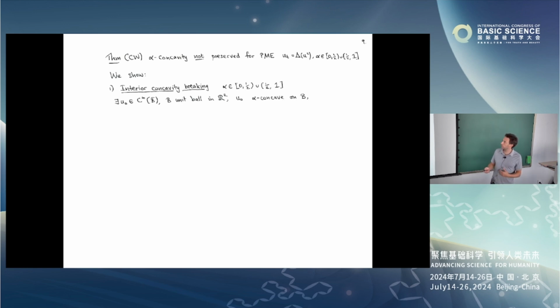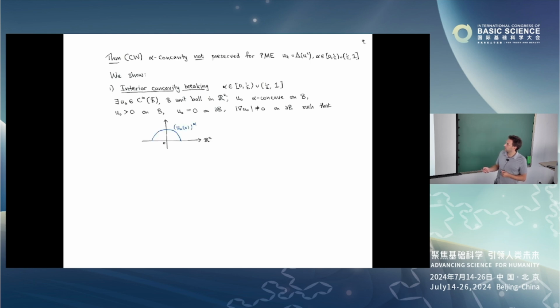This U naught has the property that it's alpha concave on that unit ball. It's positive on the interior of the ball, and 0 on the boundary. So the support of U naught is just the ball itself. And we show it has this non-degeneracy condition as well. That's not really that essential.